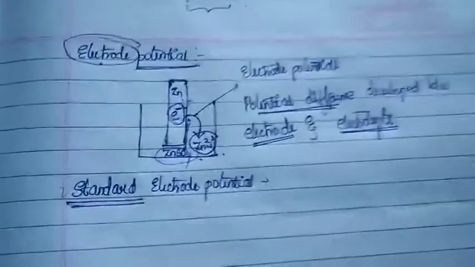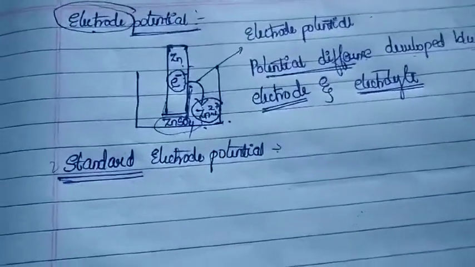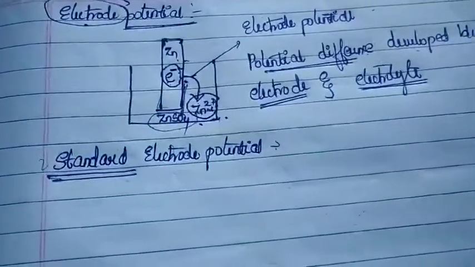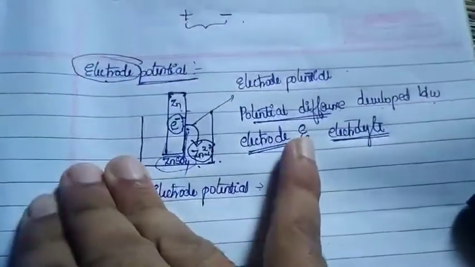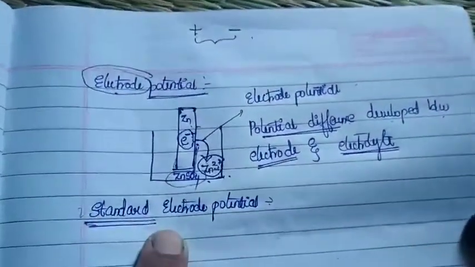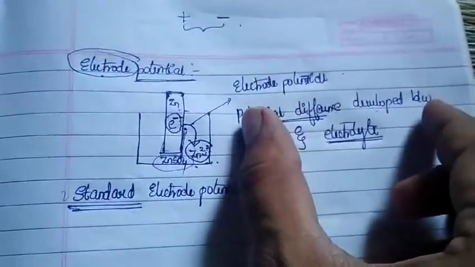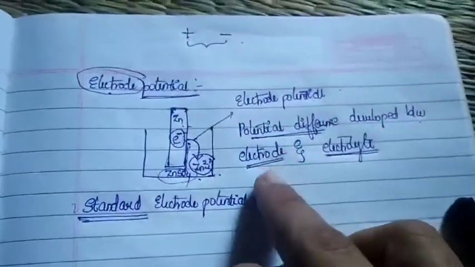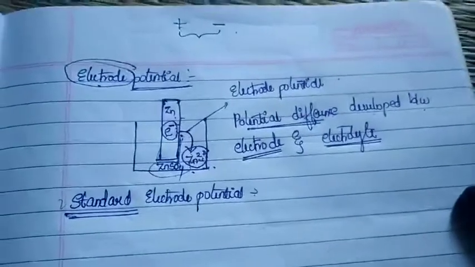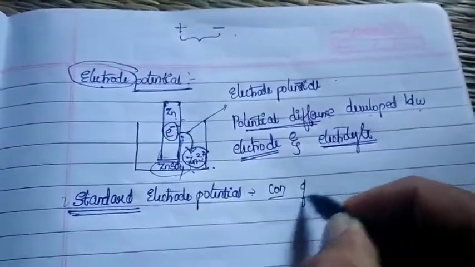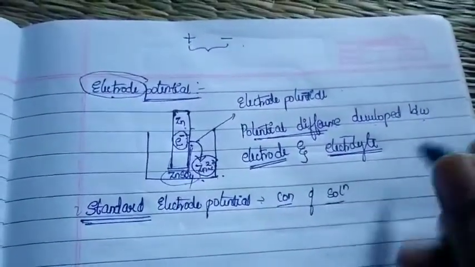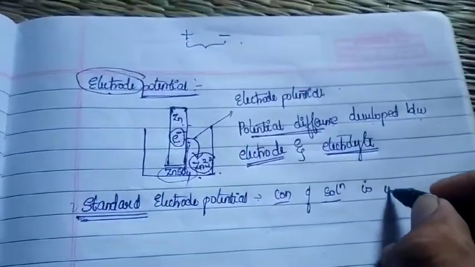Standard ಅಂದ್ರೆ, we maintain standard conditions. ಏನು standard conditions? Of course, until here it is the same electrode potential, the same definition. Standard ಅಂದಾಗ, whatever potential difference develops between the electrode and the electrolyte when the concentration of the solution is unity.